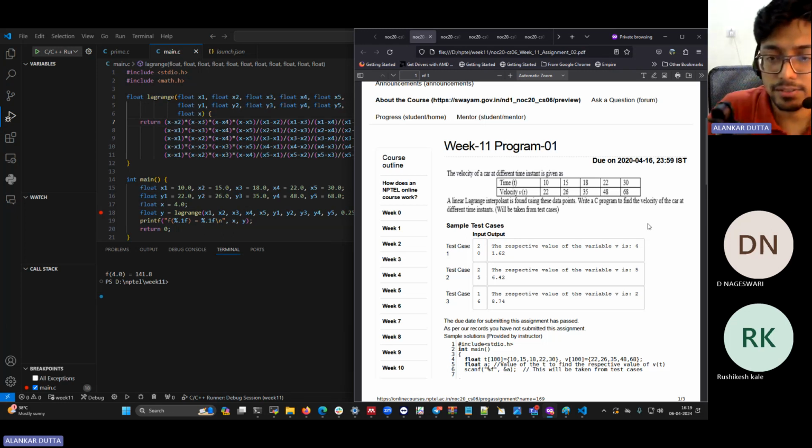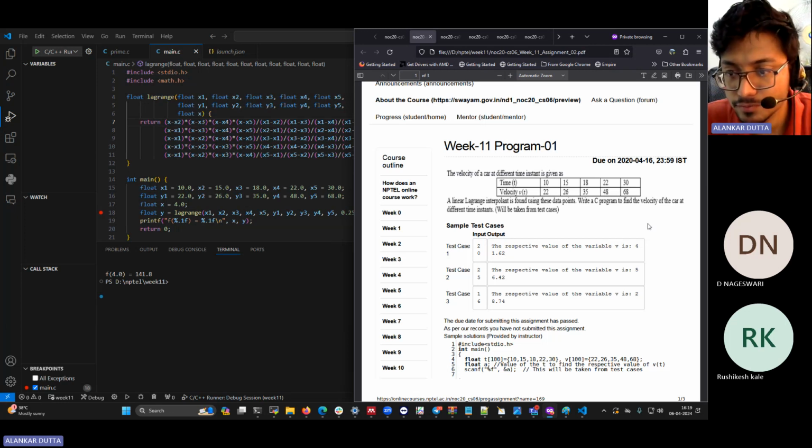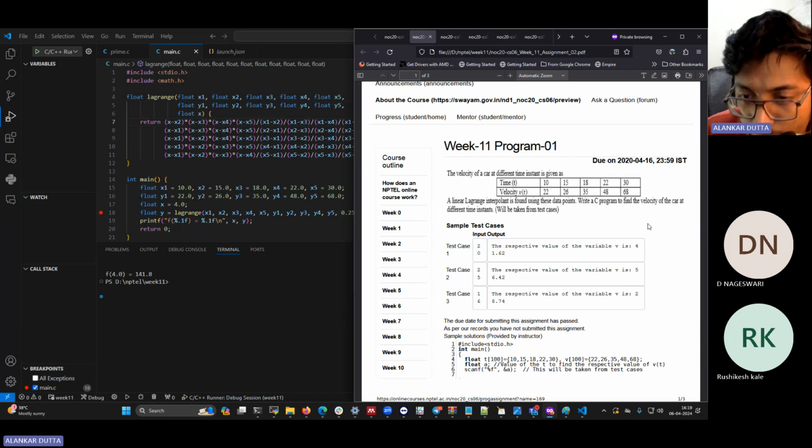Velocity of the car at different instances. Okay, I think what it's done in here is asked for 20, not at 4.